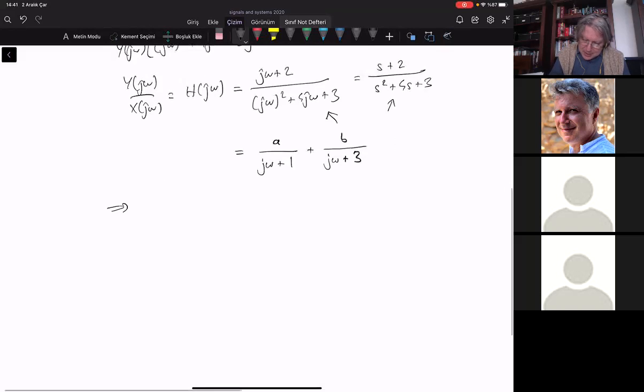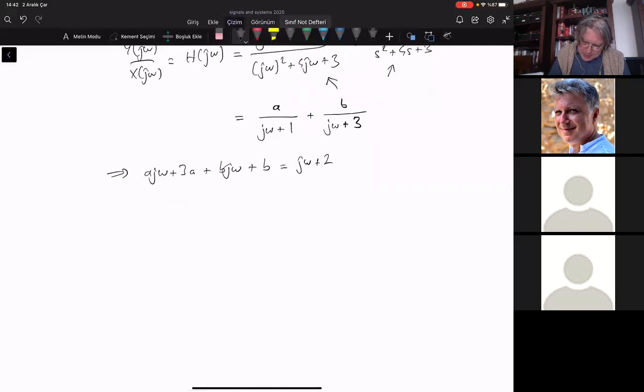From here, I write the equation as A(jω) + 3A + B(jω) + B is equal to jω + 2. So it gives me these two equations: from Ajω plus Bjω equal to jω, A plus B is 1.